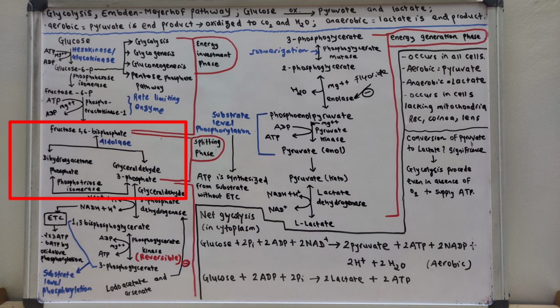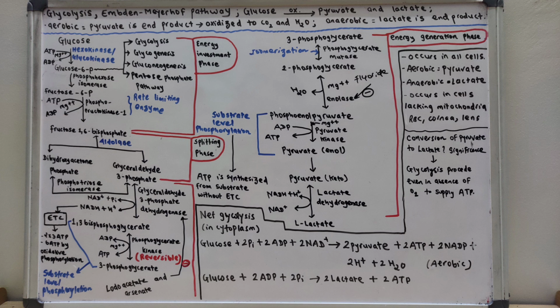The enzyme phosphotriose isomerase catalyzes the reversible interconversion of the glyceraldehyde 3-phosphate and dihydroxyacetone phosphate. So this is the very crucial step. Here the 2 molecules of glyceraldehyde 3-phosphate are obtained from 1 molecule of glucose. So this is the very important step that you should know in the splitting phase.